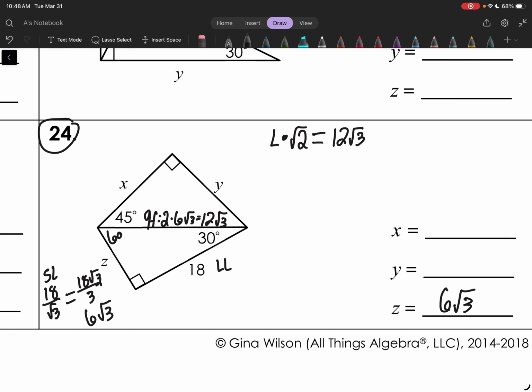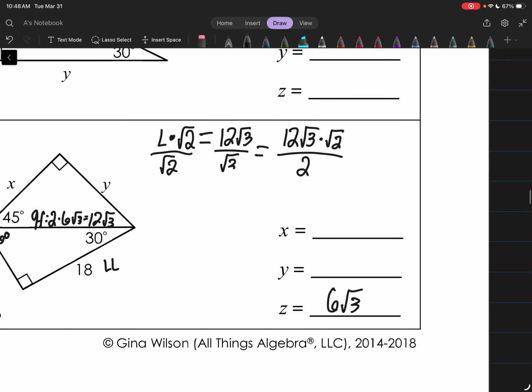I'm going to be dividing by the square root of 2. I'm going to rationalize the denominator. So 12 times the square root of 3 times the square root of 2 divided by 2. 12 divided by 2 is 6. 3 times 2 is 6. Both x and y are the legs, 6 square root 6.